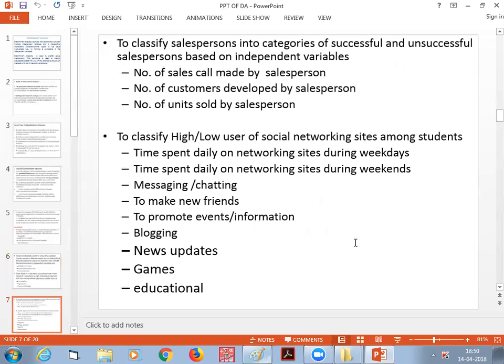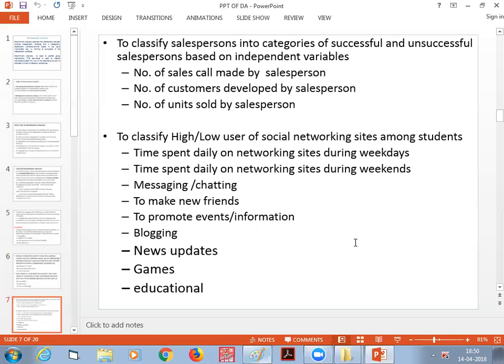Many more examples, to classify the salesperson, as I said, as successful or non-successful. Take the last one: to classify the high or low user of social networking, that is the internet site, among the students or among the public, whatever. What are the important variables to classify high or low user? Time spent daily on a networking site during the weekdays. How much time they are spending on networking sites during the weekend.